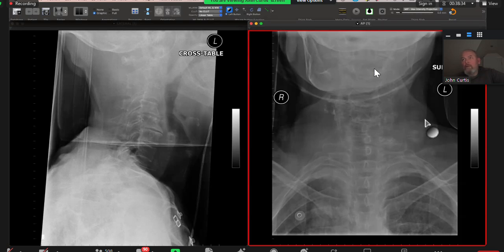Yeah, but in the lateral, I think this thing here is making the neck look fatter than it really is. It's symmetrical, but the patient's in a soft restraining collar on the table, cross table.